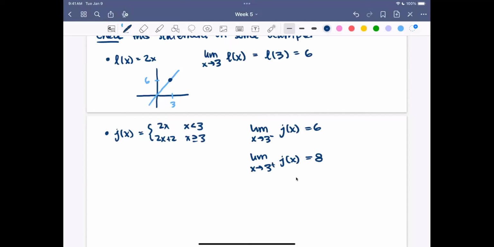Since the limit from the left and the limit from the right are not equal, that tells us that the limit as x approaches 3 of j of x does not exist.